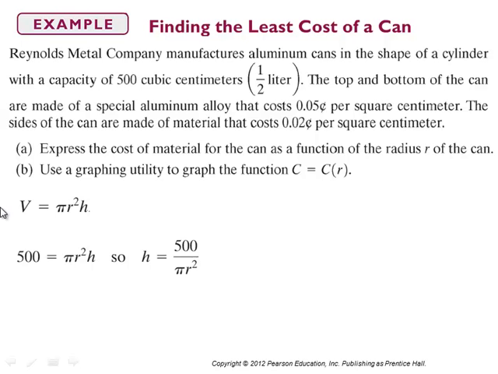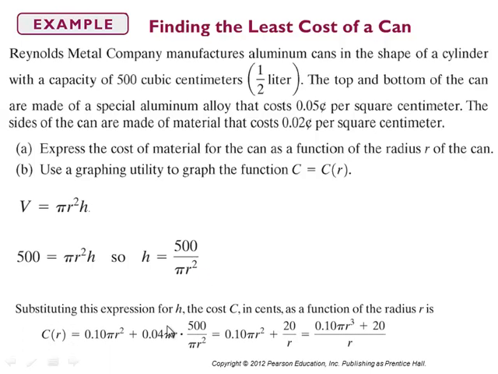So you set the volume equal to 500, and then you can eliminate the h variable by solving for h. h will be 500 over pi r squared, and then plug this expression back into your cost function. So where you see h, replace h by 500 over pi r squared in the cost function.